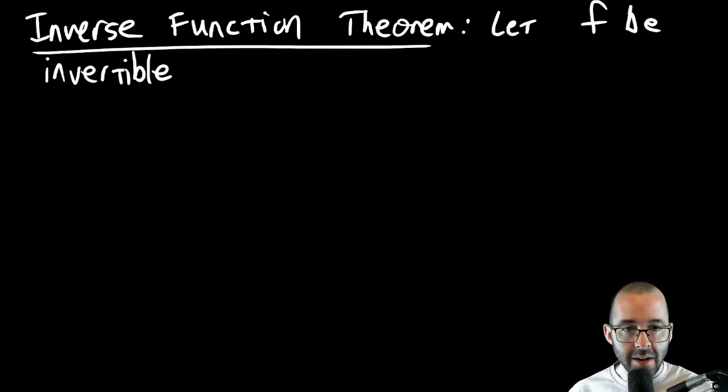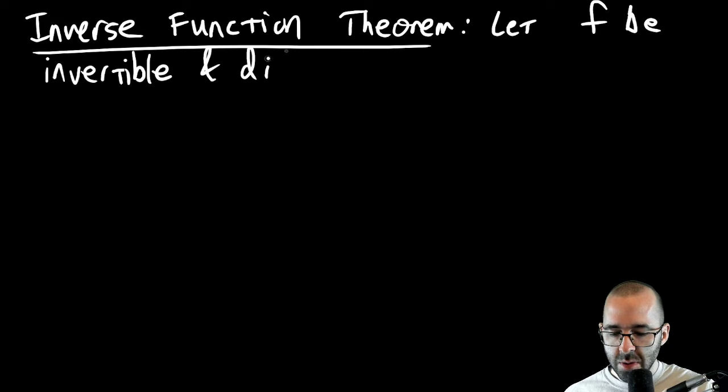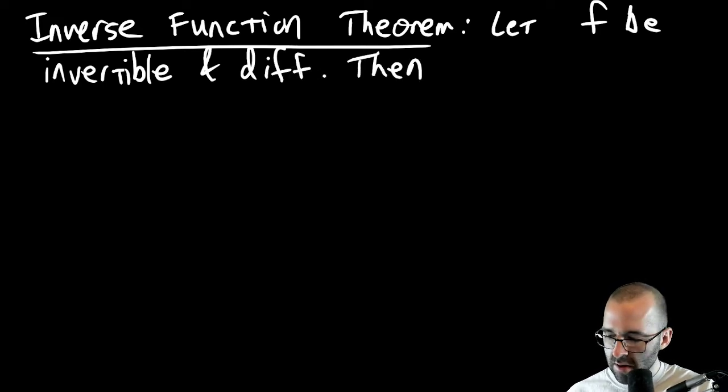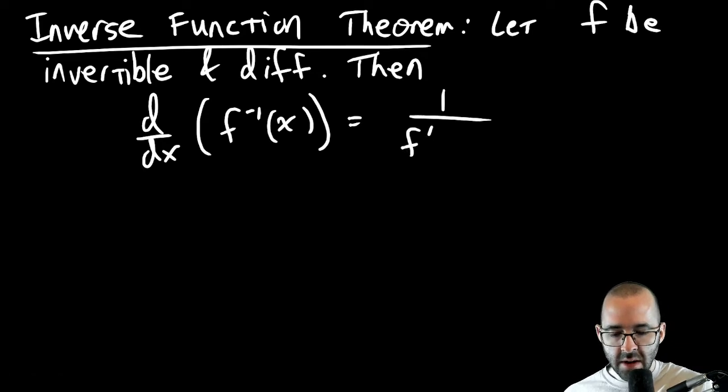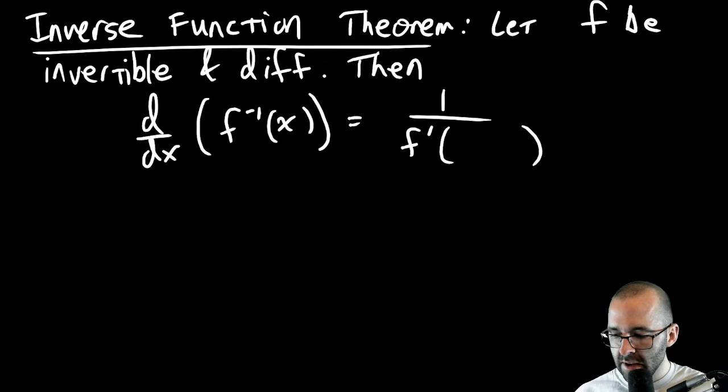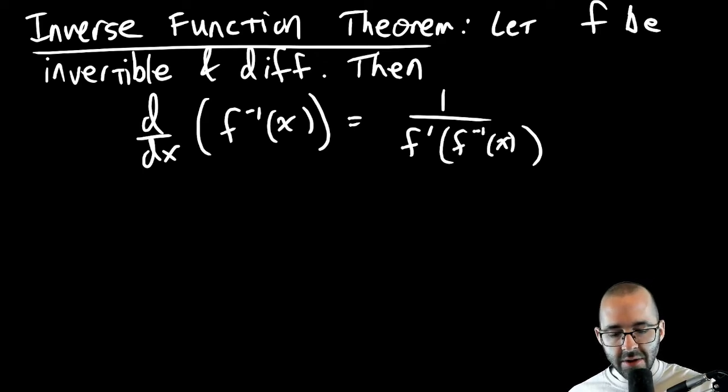It is 1-to-1. These are all things that mean the same. All right. Let it be invertible and differentiable. Then the derivative of the inverse function is just the reciprocal of the derivative of the original function. And then specifically, it's evaluated at the inverse function.